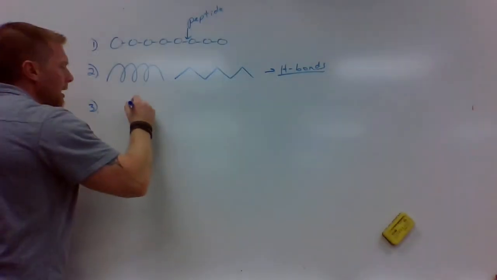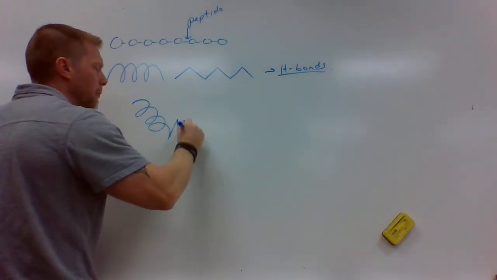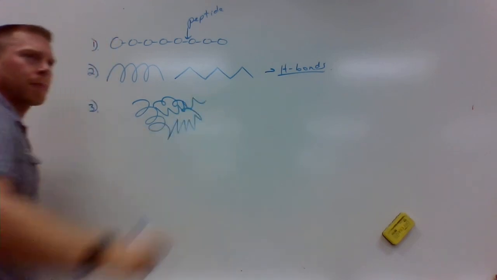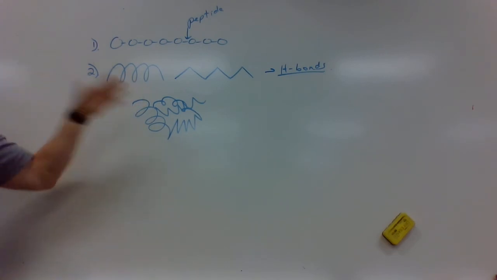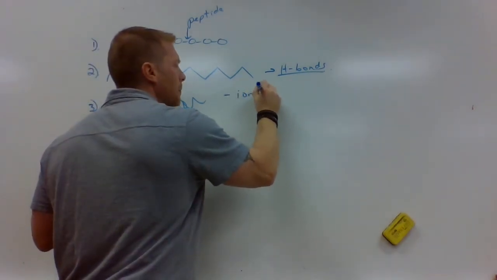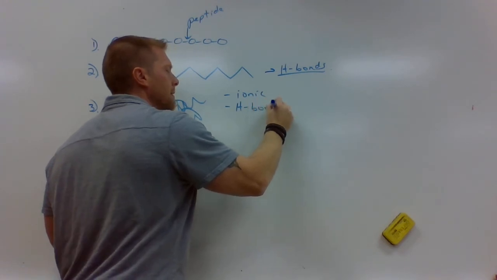Now, the amino acids are going to continue to interact. And you're going to get all kinds of bonds. You might have alpha helixes here, beta pleated sheets here, alpha helixes there, beta pleated sheets here, right? And this creates the tertiary structure. This tertiary structure is created by all different types of bonds, right? We could see ionic bonds. We could see more hydrogen bonds.